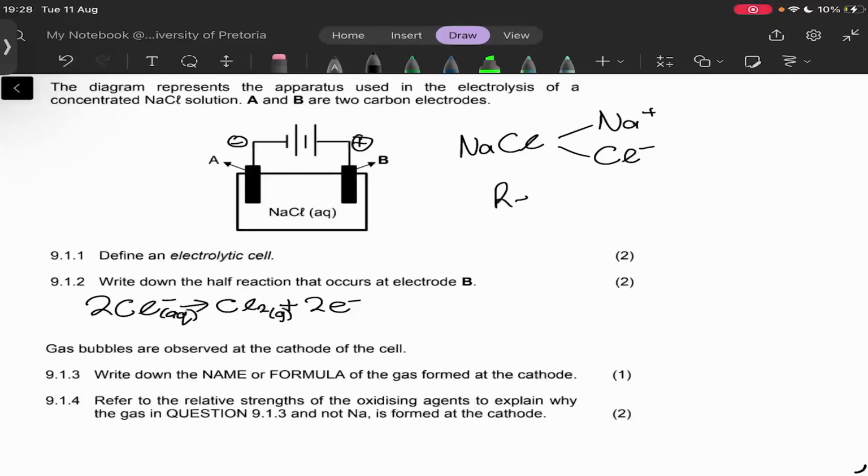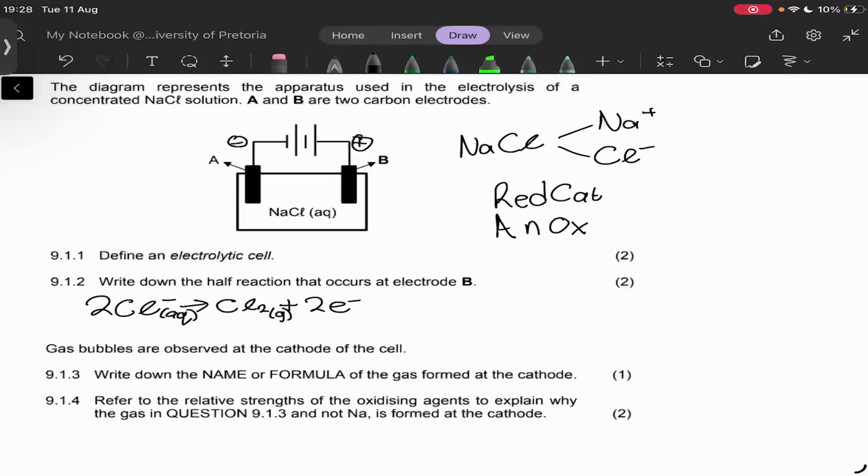You need to remember red cat and ox. So reduction happens at the cathode, oxidation happens at the anode. That therefore makes electrode A the cathode and B the anode. We know B is the anode because chlorine is losing the electrons.